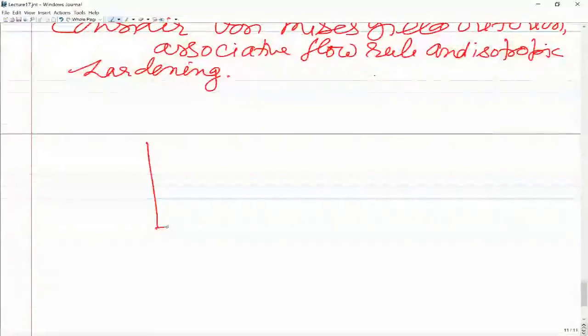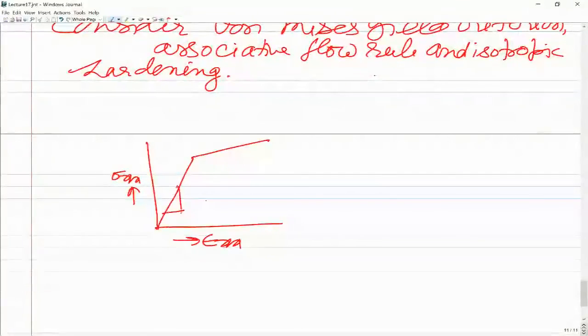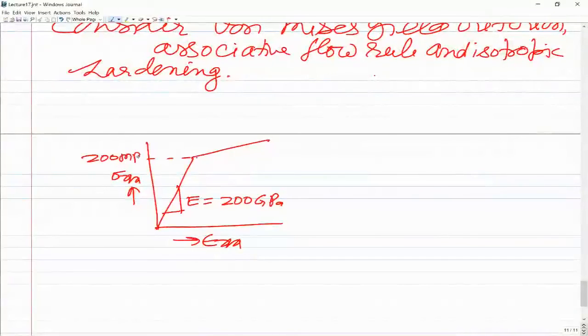So you will model that as bilinear. So you have sigma xx this side and epsilon xx this side. So this is something like this. So Young's modulus is E, and let us say it is 200 gigapascals, and the initial yield stress is sigma y naught, which is 200 MPa, and the tangent modulus ET is 200 MPa. So this is the stress strain data.